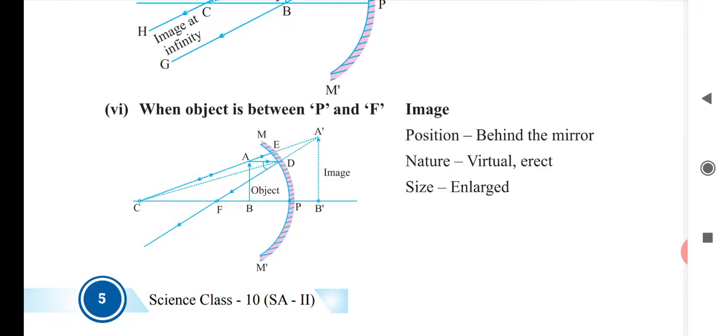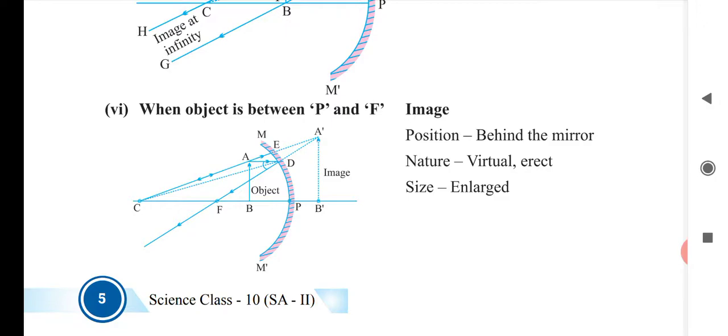So virtual image is always erect, and real image is always inverted. So let us discuss the image position, nature and size. When the object is placed between focus and pole, the position of the image, as you can see from the diagram, is always behind the mirror, the nature is virtual and erect, and the size of the image is enlarged compared to the object.